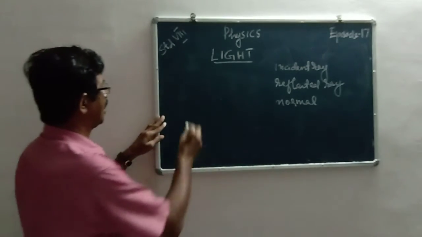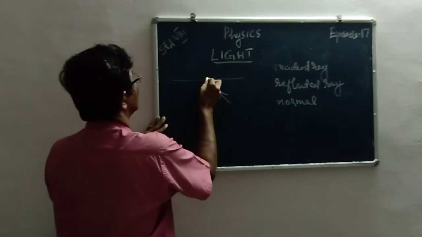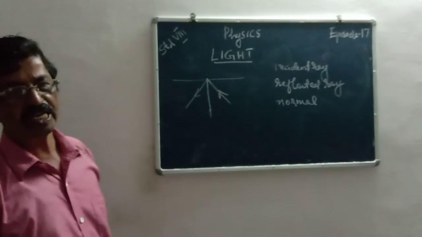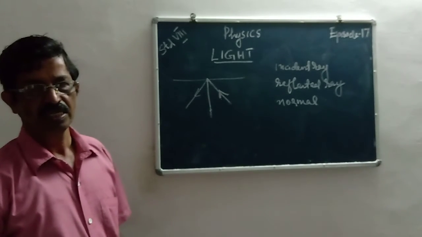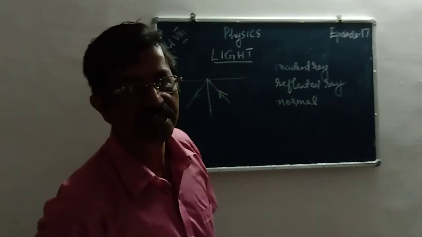These are on the same plane. See, incident ray, reflected ray, normal. These three are in the same plane. Now we want to confirm whether this is correct or not.